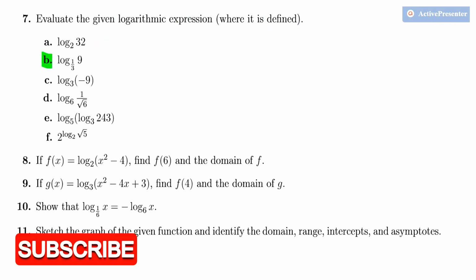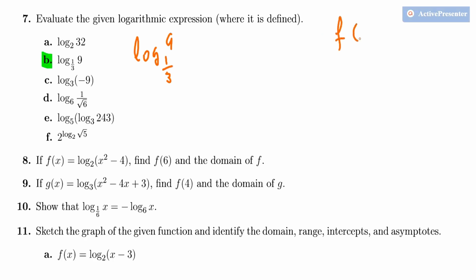So B, we are given the logarithm of 9 to the base 1 over 3. So basically a logarithm function f of x given by logarithm of x to the base b, and b should be greater than 0 and different from 1, and x is always greater than 0.